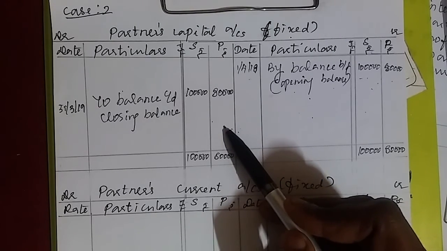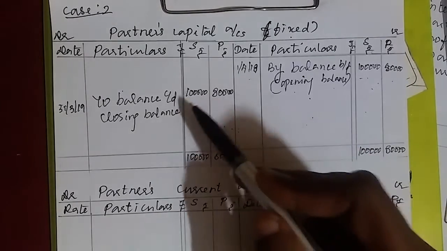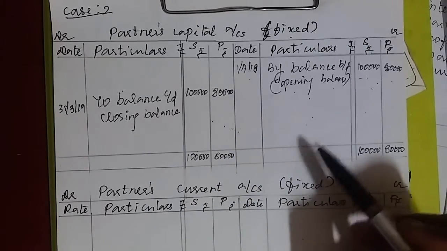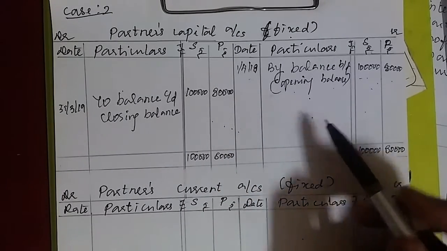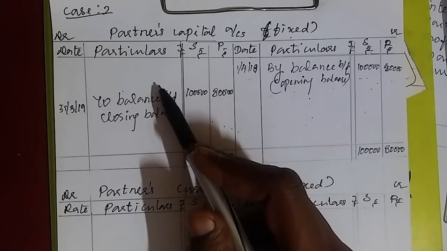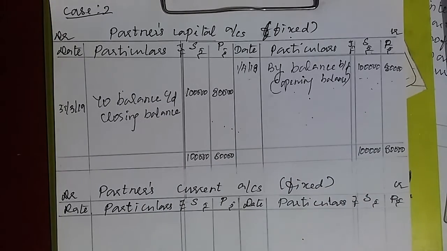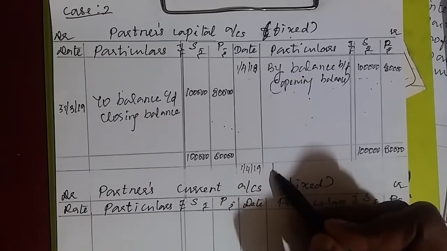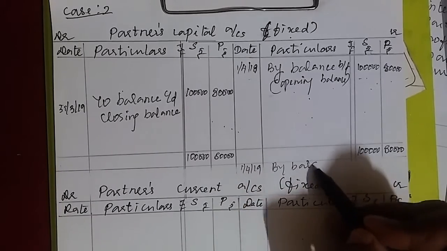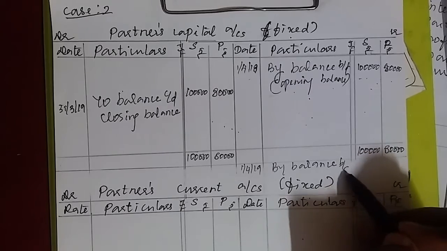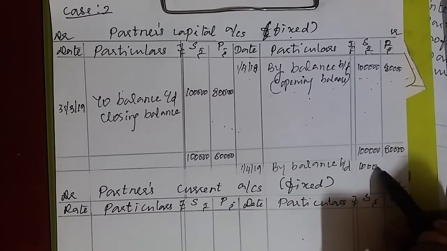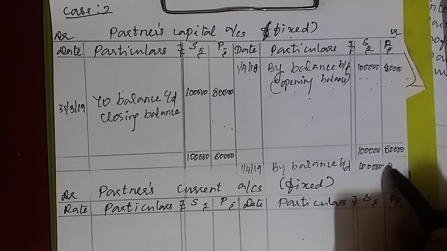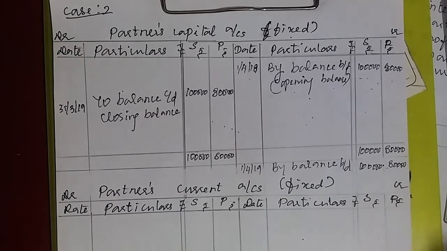If you have additional capital and permanent withdrawal, it may change. In this question there is none, so we have not included it. This can be opened to the next year by writing by balance brought down 1 lakh and 80,000. Clear? First ledger under fixed method we have done.